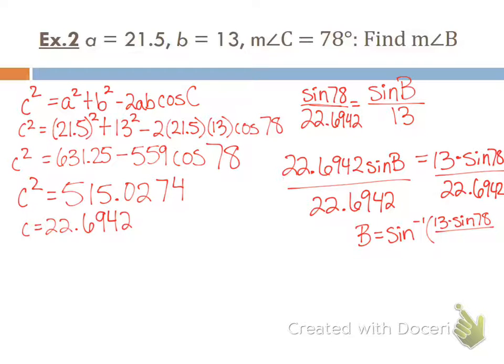Again, if you need to, do the numerator, get an answer. Divided by denominator, get an answer. Then do your inverse sine. Do it that way. For some calculators, it's easier to do that than to try to type it all in at the same time. What did we get? 34.1 degrees.